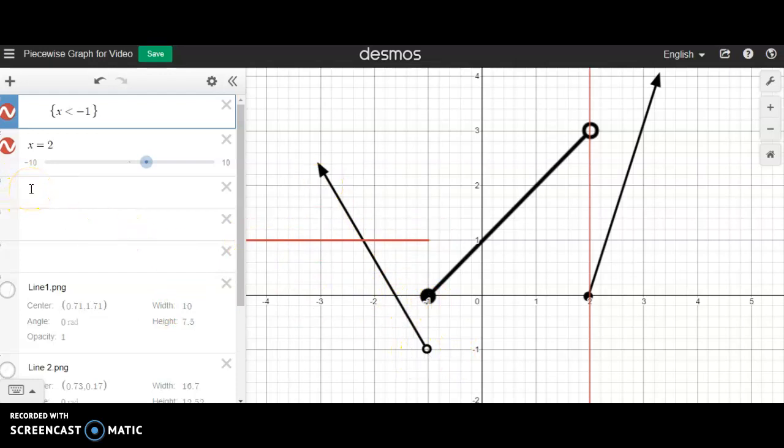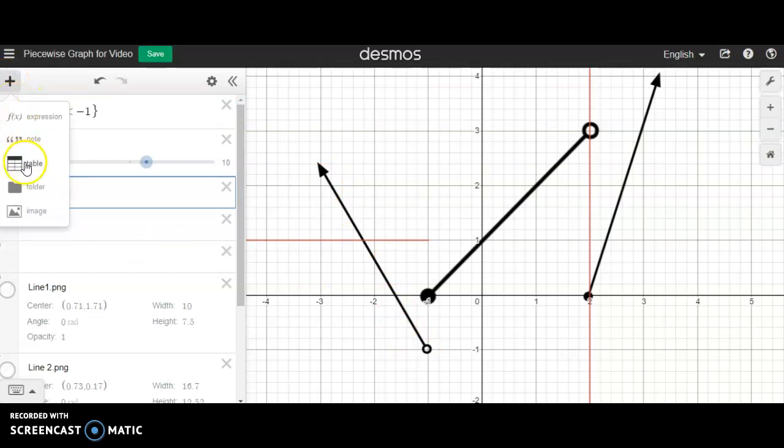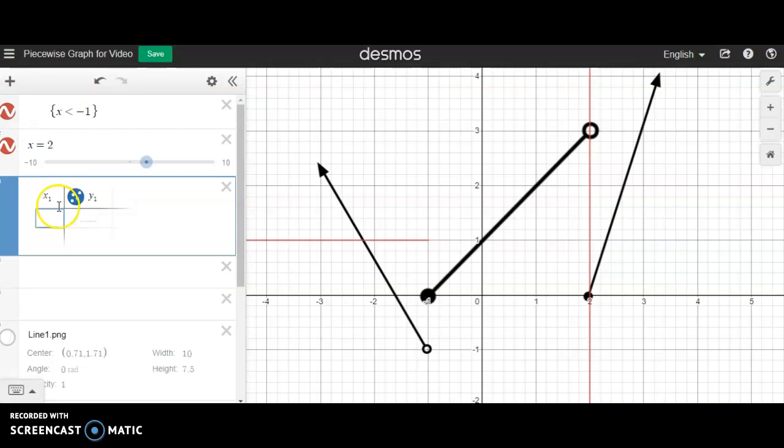So I'm going to come here and I'm going to add a table. And into this table I'm going to put 2 points that I've got that make it even if I can. -1, -1. There's one. That's a nice one.